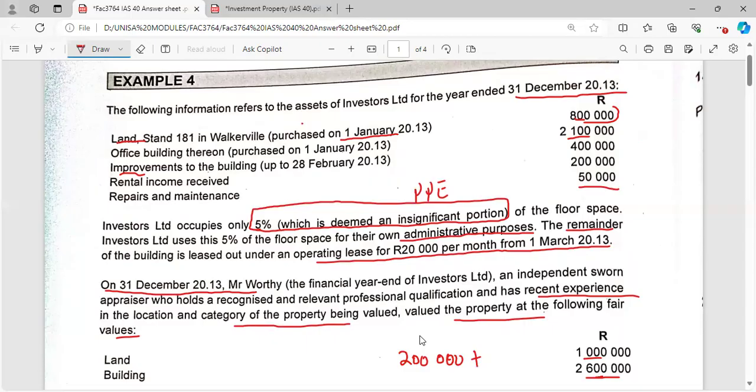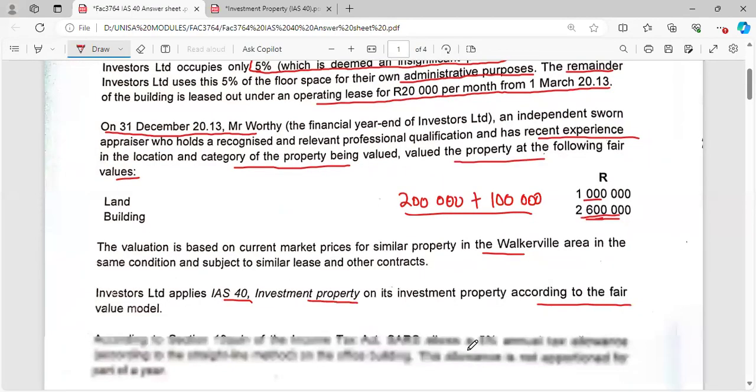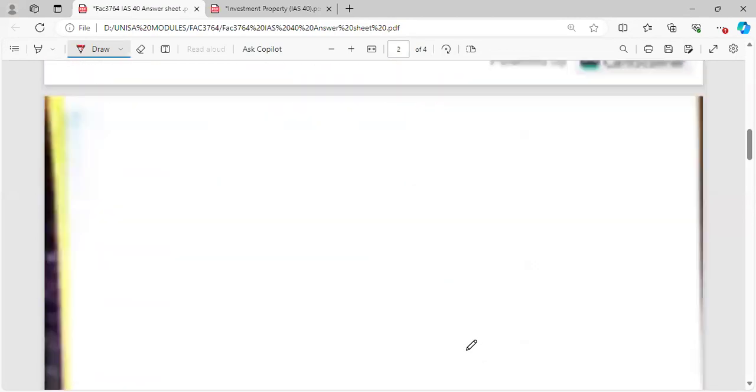And here, we add these two, it's going to be 2,500,000. So the difference between 2,500,000 and 2,600,000 is going to give us 100,000. Am I right? So which means our fair value adjustment is going to be 300,000.